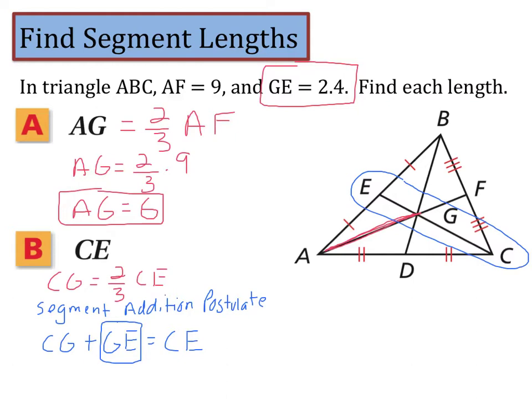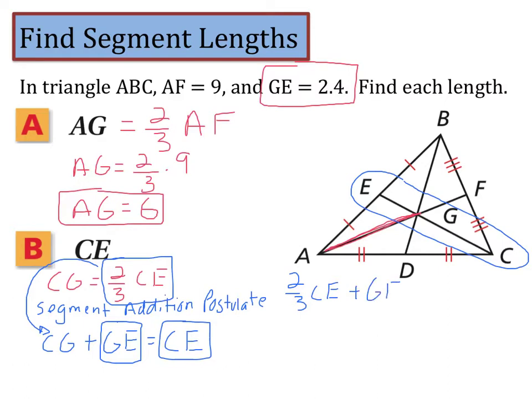We know what CG stands for, and what we're trying to solve for is CE. So since we know what CG is, we're going to plug in this value right into here. So our equation is going to look like this: 2/3 CE plus GE equals CE.